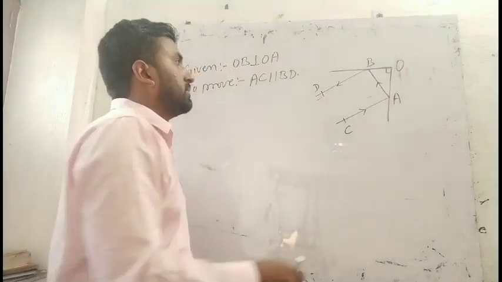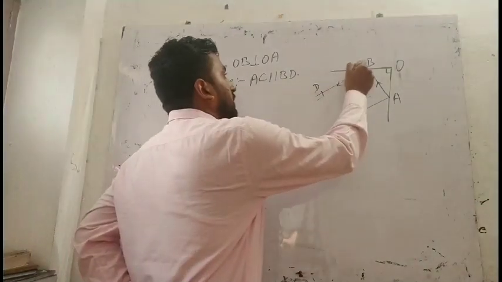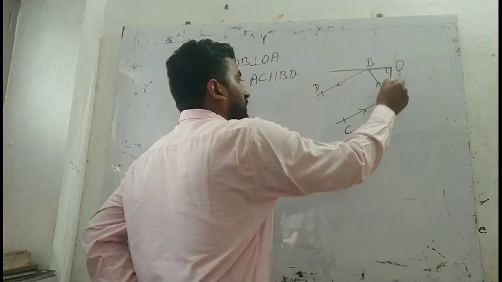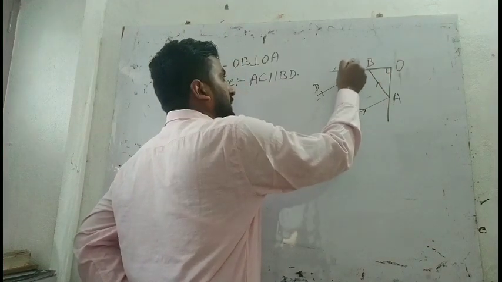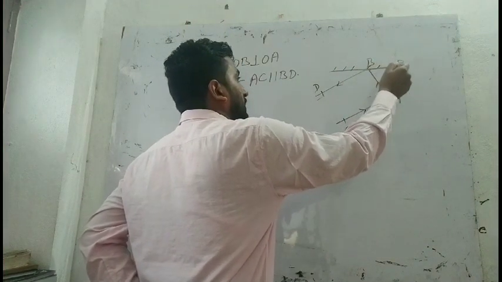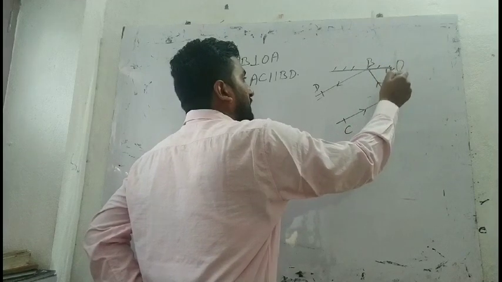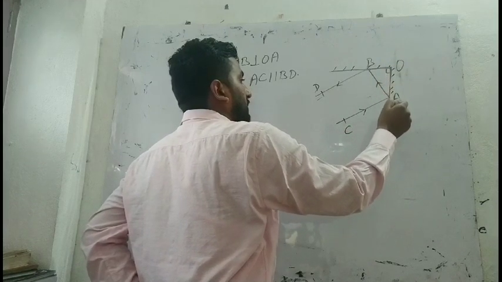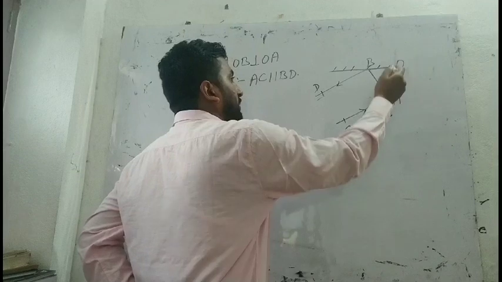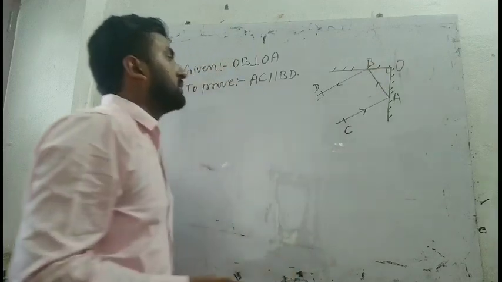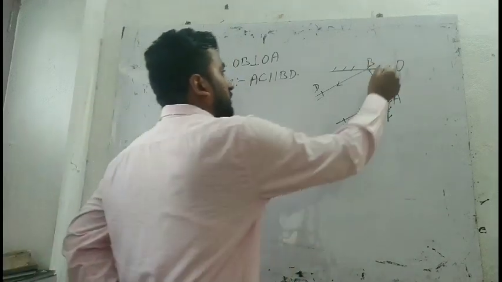In this question, plane OB is perpendicular to OA. Here these are plane reflecting surfaces. OA and OB are reflecting surfaces, and both are perpendicular to each other.